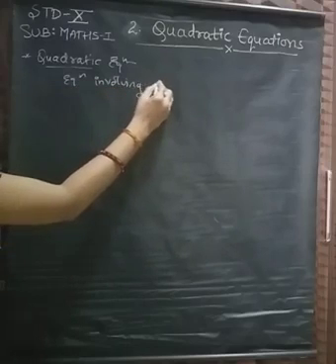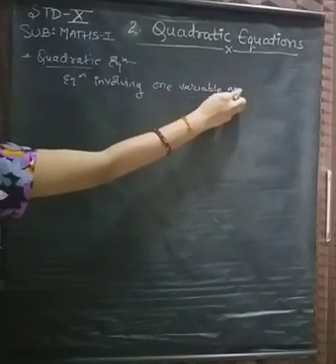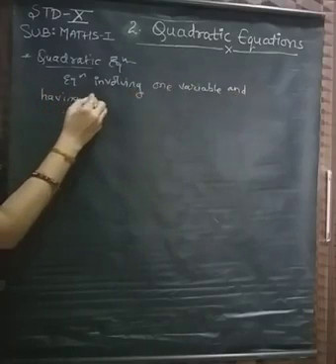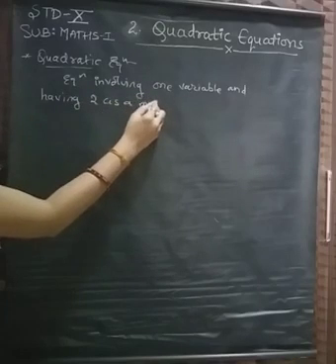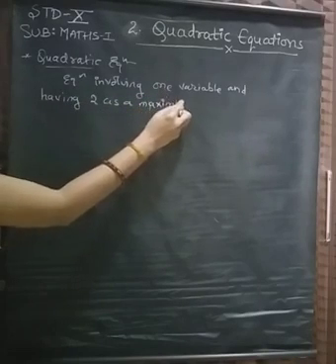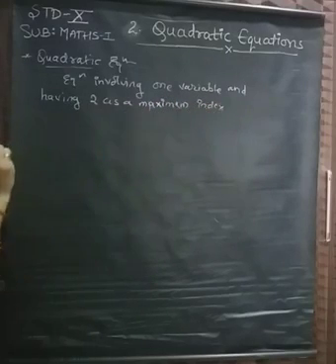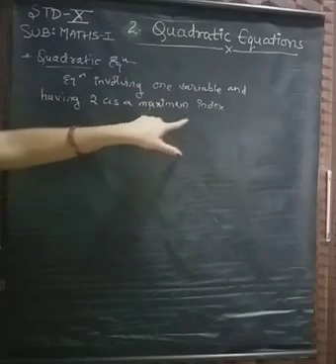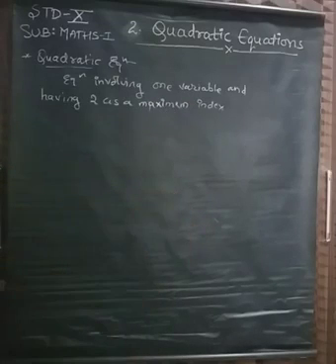Clear? So basically, a quadratic equation is an equation involving one variable and having 2 as the maximum index. It means it should be a one variable equation and the highest power of the variable should be 2.